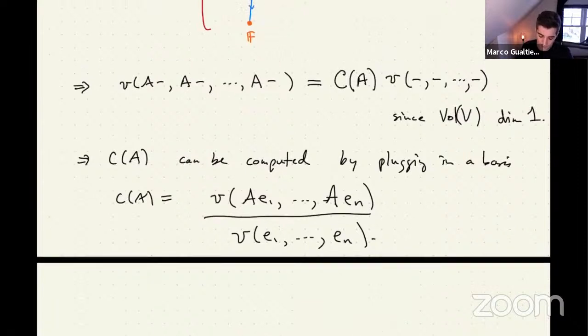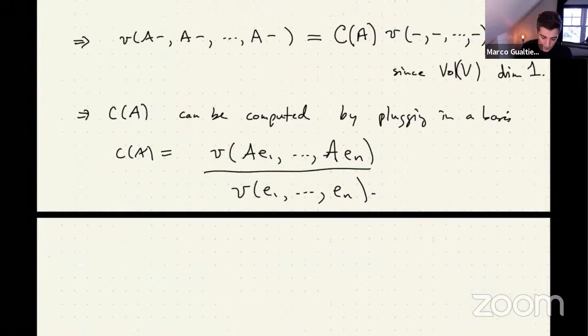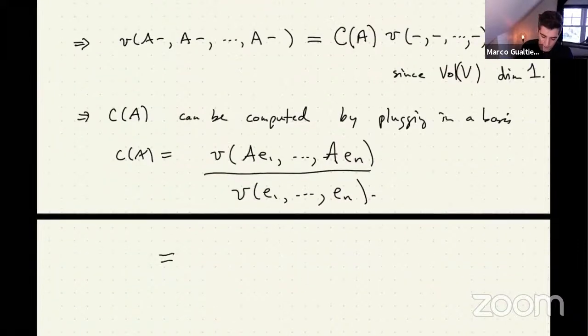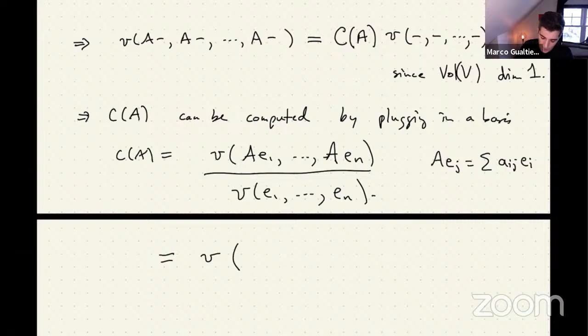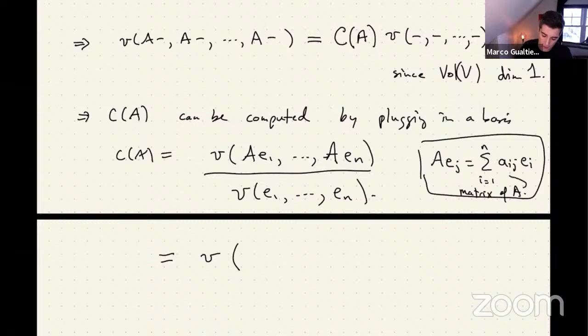Okay. And what is this? Let's compute the numerator. If we write A Ej as the sum Aij Ei, like we normally do, as a matrix, then this is the matrix of the linear operator A, this Aij.